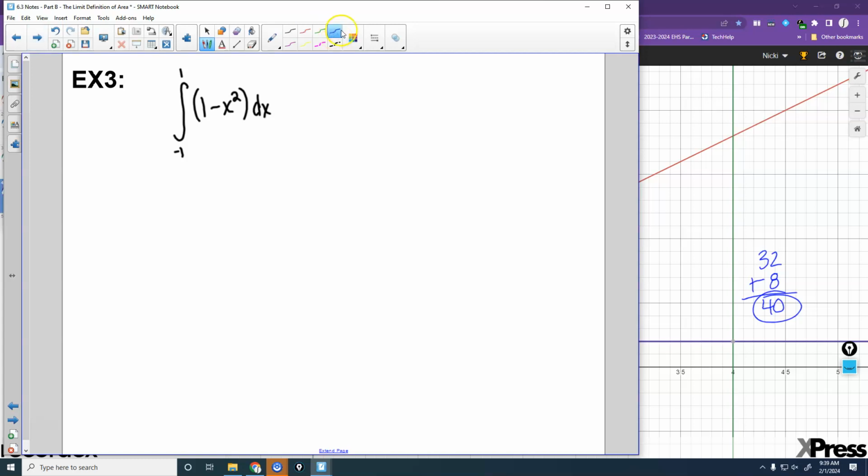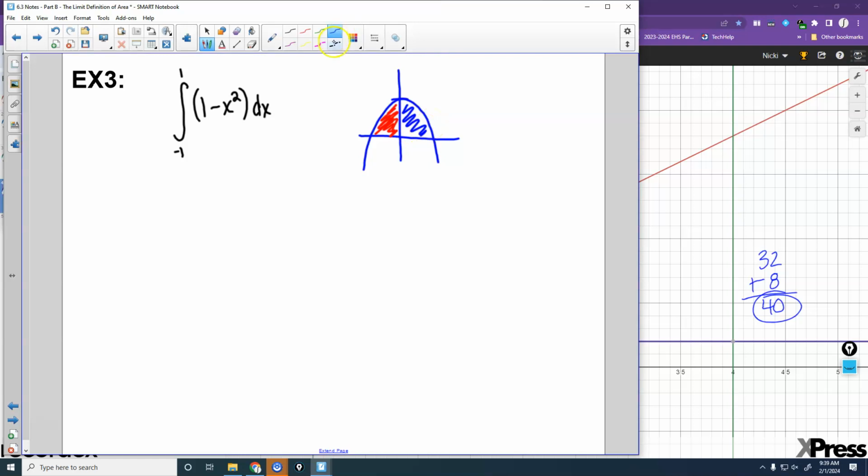Let's think about the graph of this function right here. It is an upside down parabola that's been moved up 1. What do we know about a parabola? It is going to be symmetric, right? So this area right here should equal this area over here, correct?